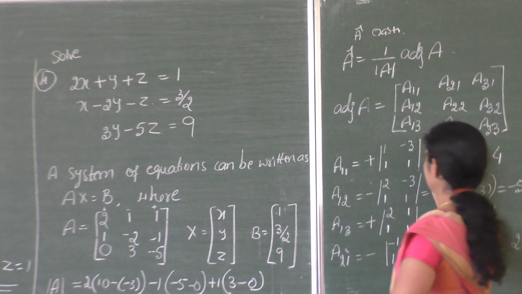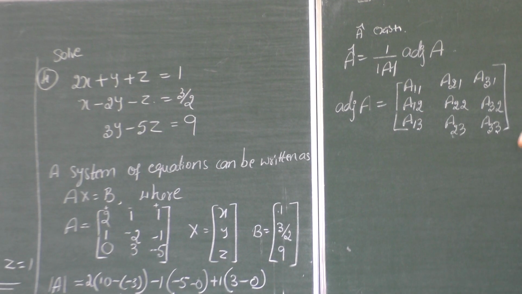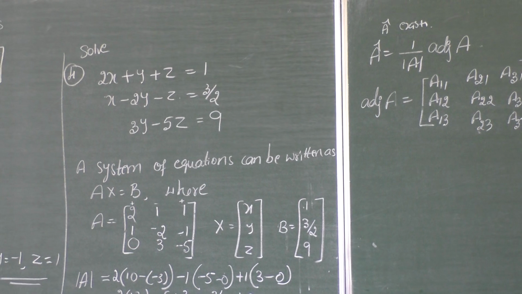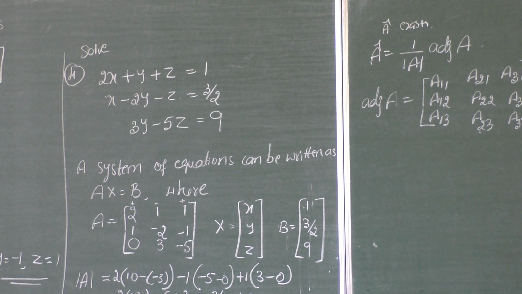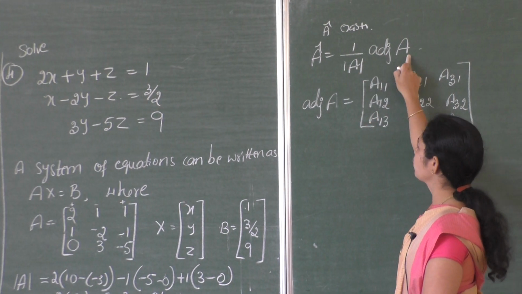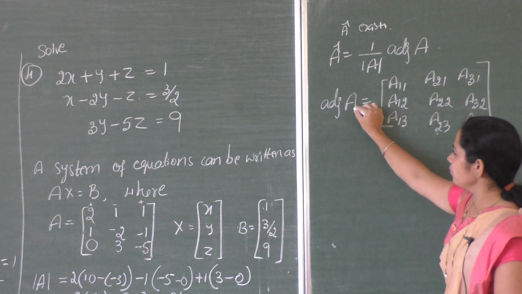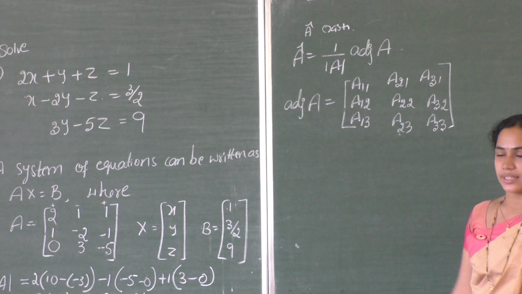A inverse is equal to 1 by determinant of A into adjoint of A. Adjoint of A is the transpose of the cofactors.